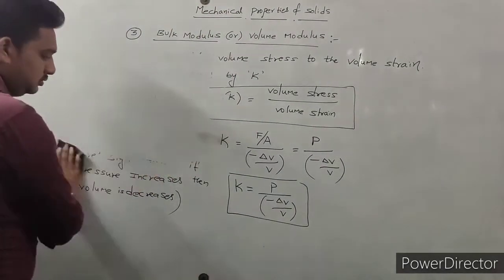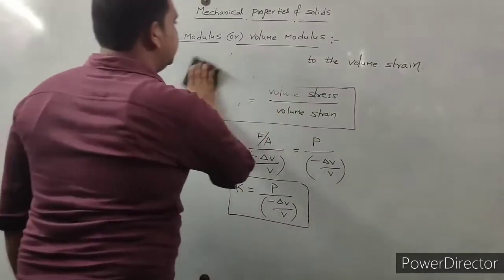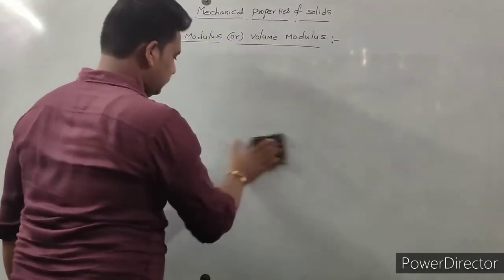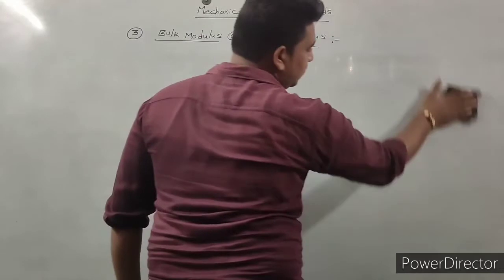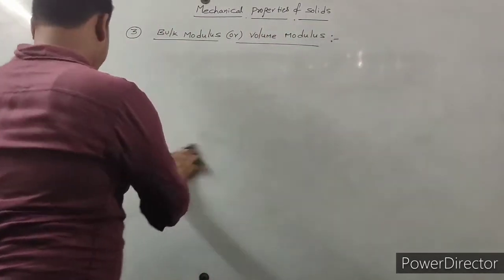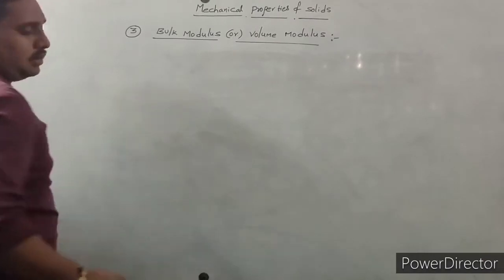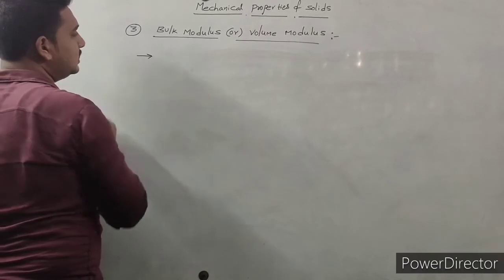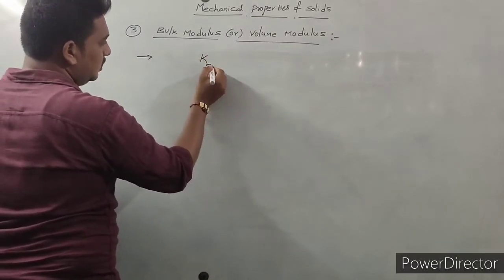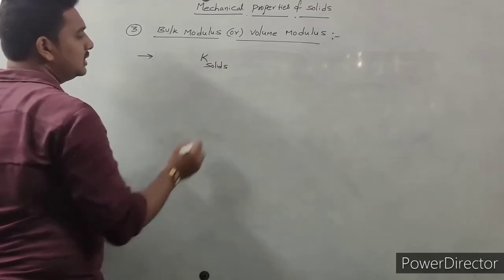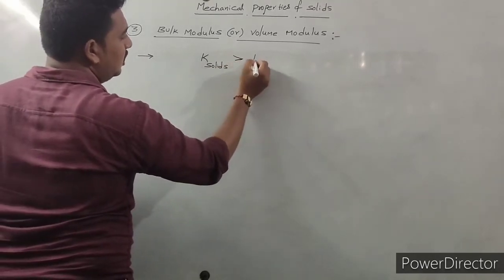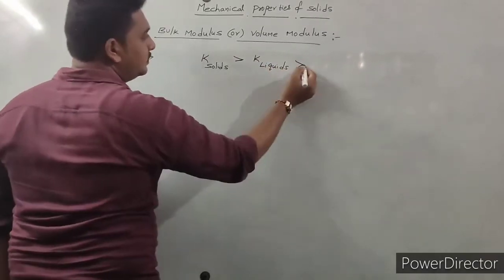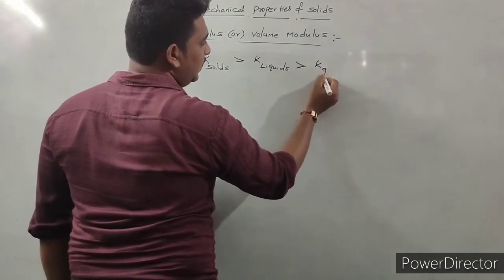Here the main note point is: bulk modulus of solids is greater than bulk modulus of liquids, which is greater than bulk modulus of gases.